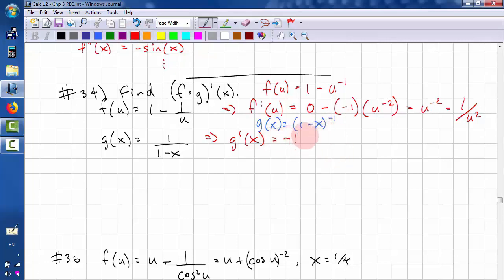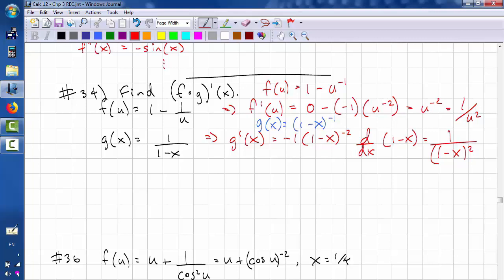So negative 1, 1 minus x to the negative 2, and then we need d/dx of 1 minus x. And this is going to give us negative 1. That's going to cancel out with this negative 1. So we have just this left over. So it's 1 over 1 minus x squared.